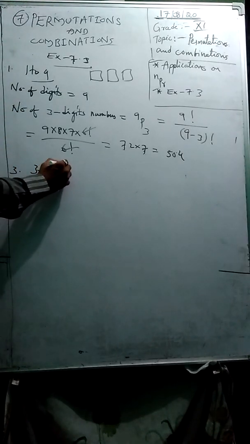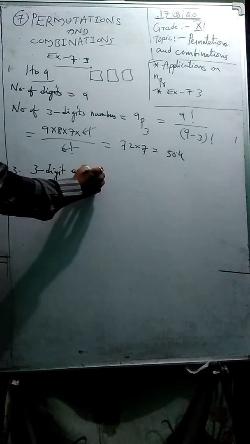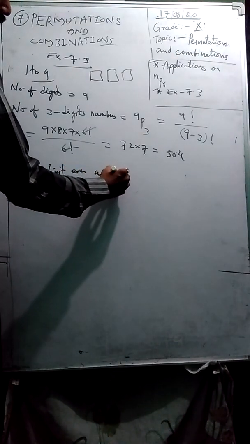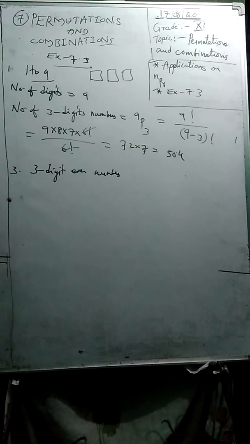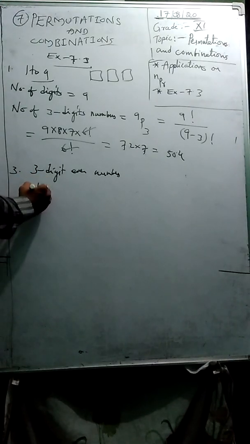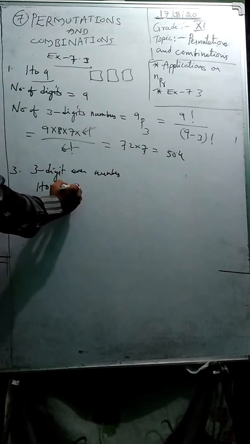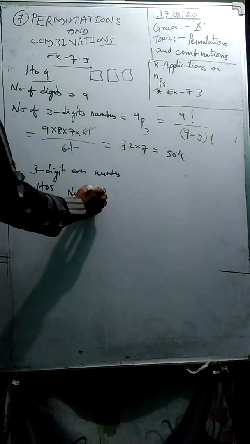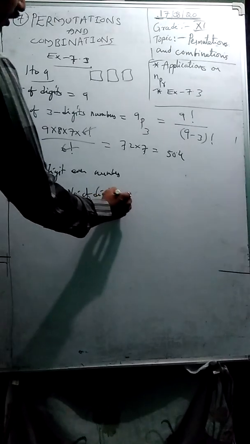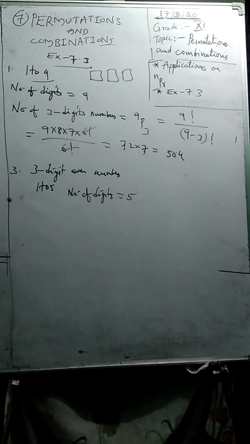are possible by using the digits 1, 2, 3, 4, 5? So the total number of digits is 5. By using these 5 digits, if no digit is repeated, how many will be even?